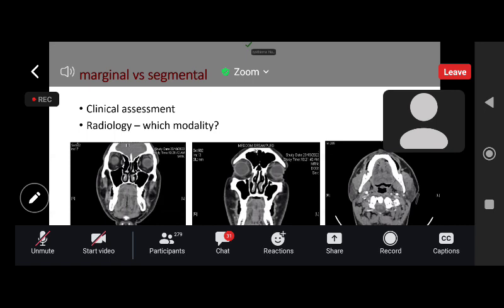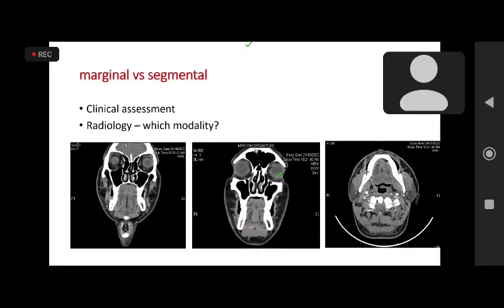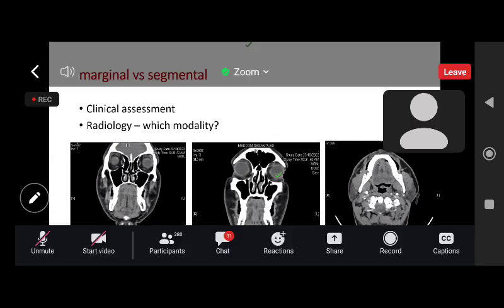You can also do a 3D reconstruction and rotate the image as you want, and then calculate the depth of erosion. Now, of importance here is that if you are contemplating marginal mandibulectomy in superficial bony erosion, then remember that there should be enough.